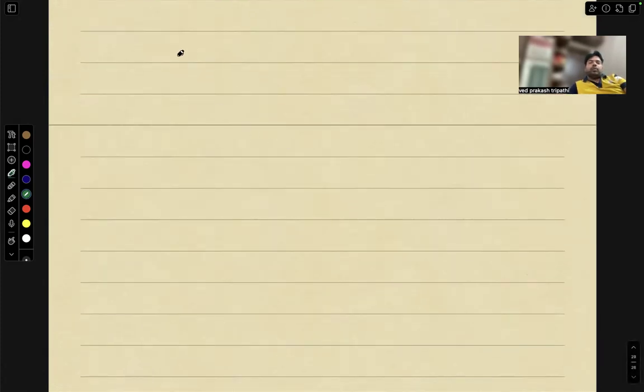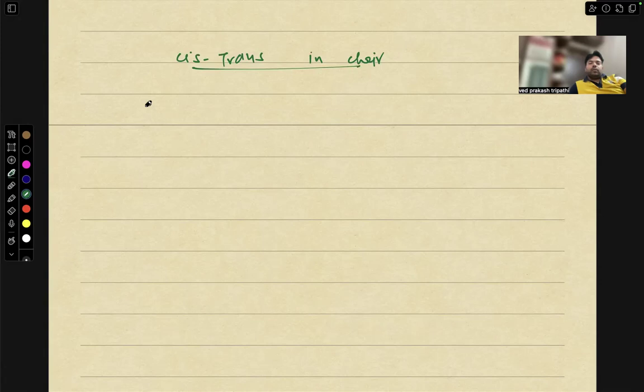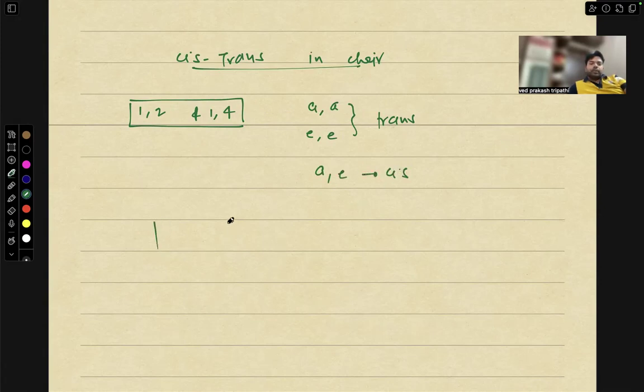Now we are going to talk about cis trans in chair. Whenever positions 1, 2 and 1, 4, axial, axial, equatorial, equatorial, that would be trans. And axial, equatorial would be cis. Look at the example.